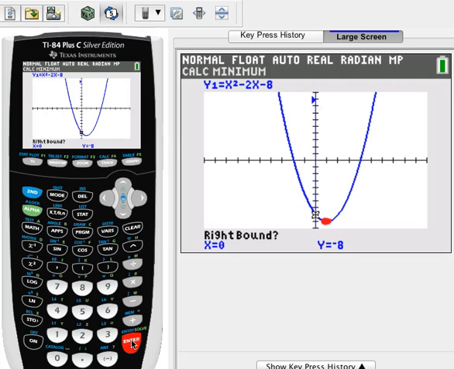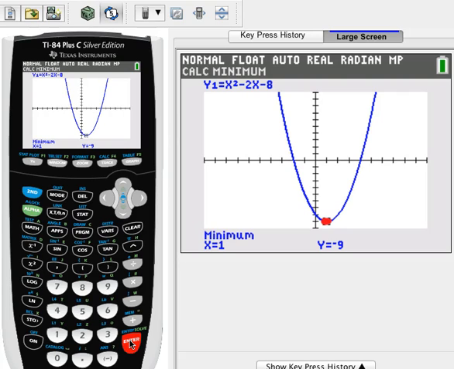Now if you notice the command switched, it wants a right hand bound. So I'm going to scroll until I'm past it, till I'm to the right of it, then hit enter. This next one is just giving you a guess, saying, hey, this is probably approximately it. You just want to hit enter one more time, and then it'll actually do the calculation.